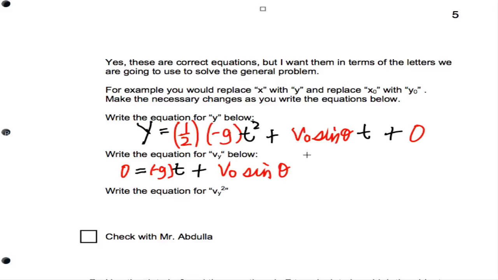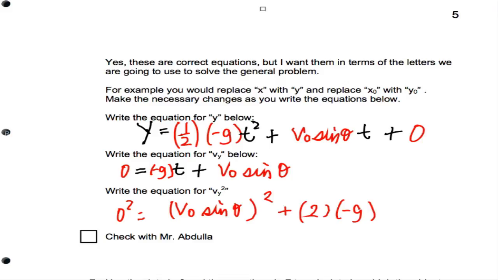And then the equation for Vy squared, that's going to be 0 squared equals v naught sine theta, quantity squared, plus 2 times negative g times, I'm going to actually open this up, y minus my unknown 0.